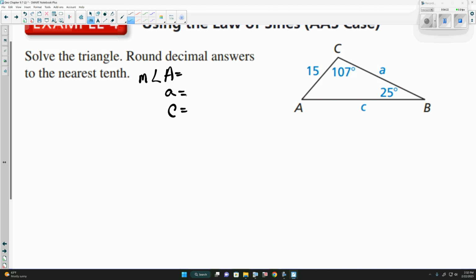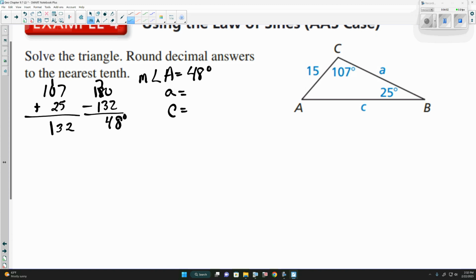So we know that these three angles add up to what? So we can add 107 and 25 together, which gives us 132. And we can subtract 132 from 180 because any three angles in a triangle still always add together to be 180. So the measure of angle A is 48 degrees.